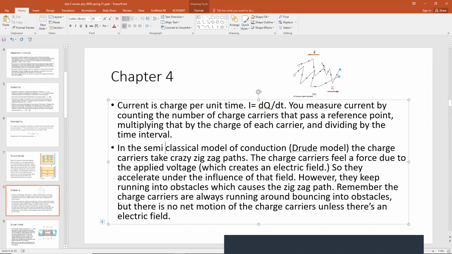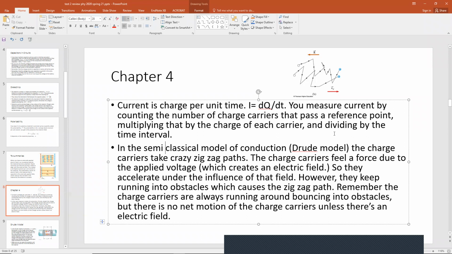Since the charge carriers are usually low mass, the accelerations are usually very high, but they're prevented from getting to a very fast speed because of all the collisions that they undergo. And so on average, they will drift along with a relatively low velocity, given the size of the acceleration, due to all the collisions. Okay, so that's what the model is.